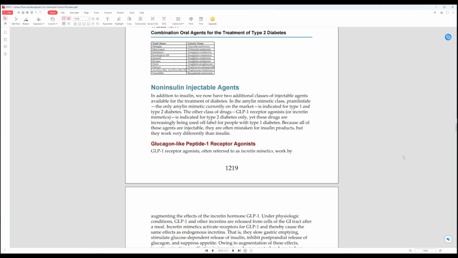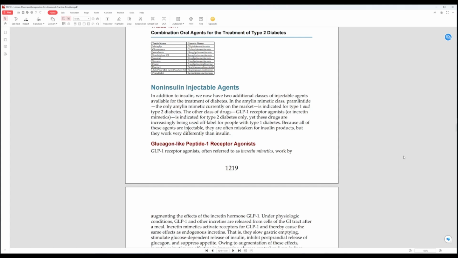Your non-insulin injectable agents. In addition to insulin, we now have two additional classes of injectable agents available for the treatment of diabetes. In the amylin mimetic class, pramlintide, the only amylin mimetic currently on the market, is indicated for type 1 and type 2 diabetes.